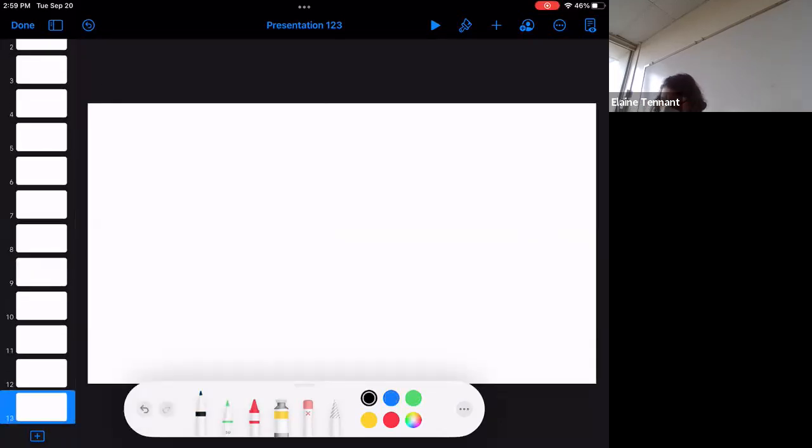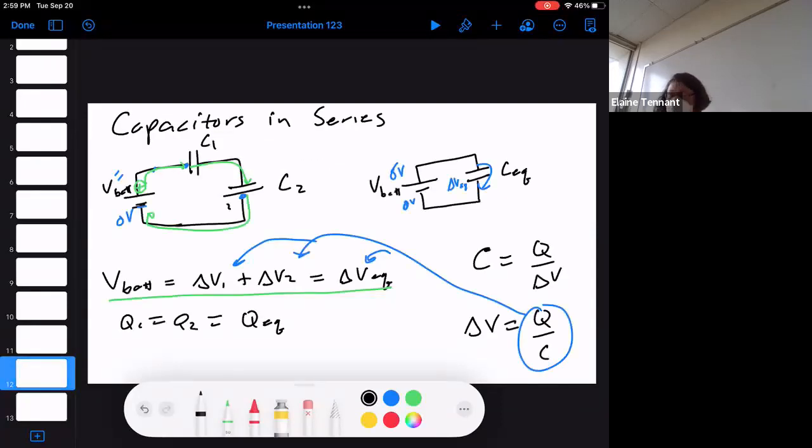So I have Q over C1 plus Q over C2 equals Q over C equivalent, where I didn't put subscripts on the Q's because they're all the same. Sound okay?